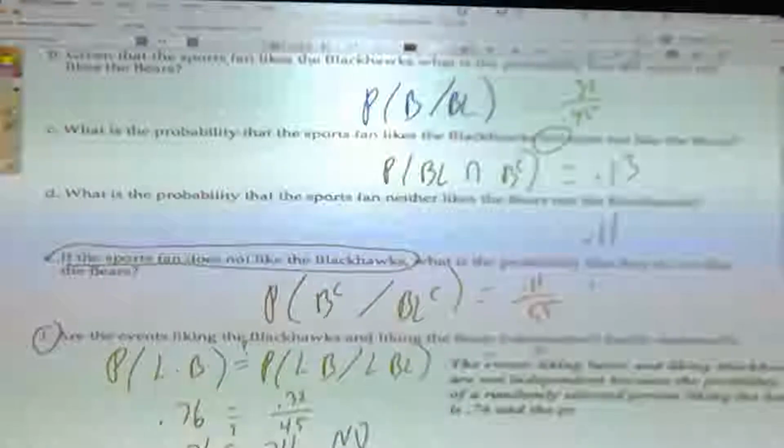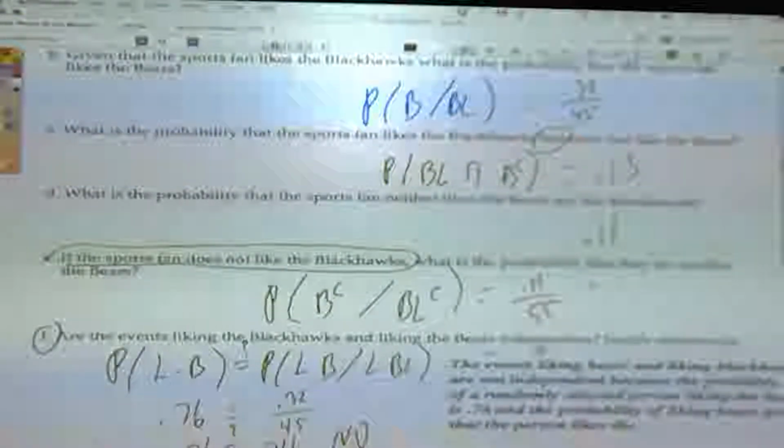And the probability of liking Bears given that the person likes the Blackhawks is 0.711. Had the events been independent, these two probabilities would have been equal.